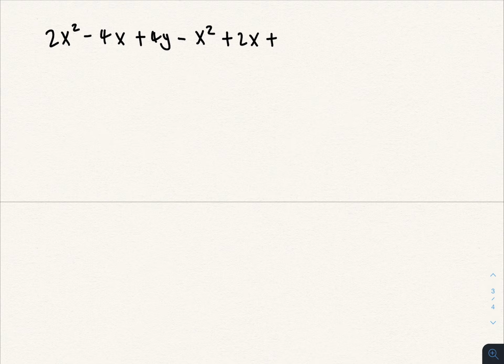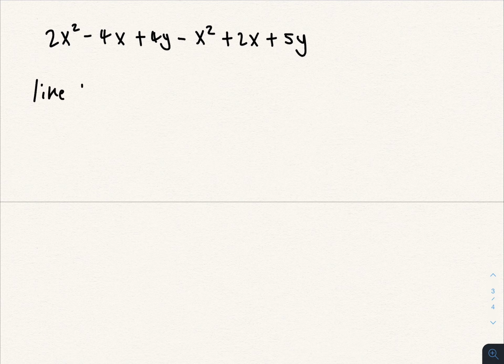So we have rules for adding, subtracting, and multiplying polynomials. Let's start with adding. Look at this example: 2x squared minus 4x plus 4y minus x squared plus 2y plus 5y. When you're adding and subtracting polynomials, you're only allowed to add or subtract like terms.